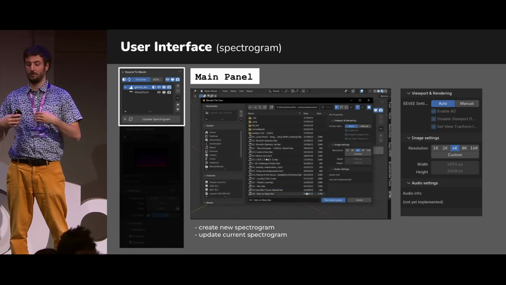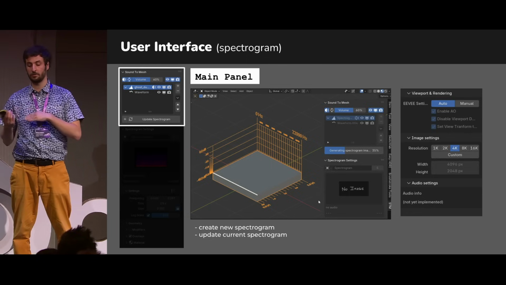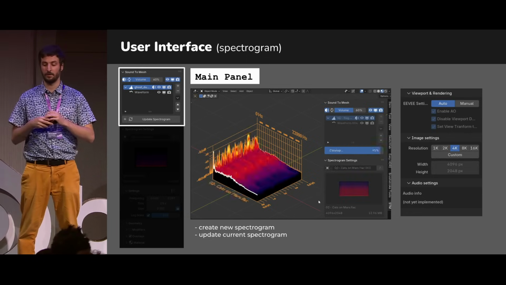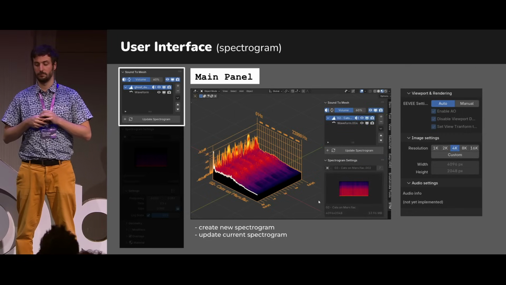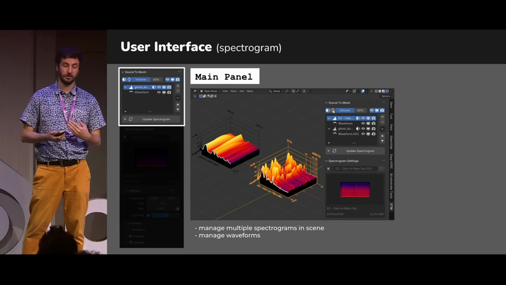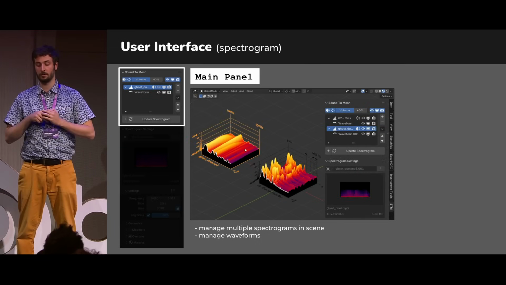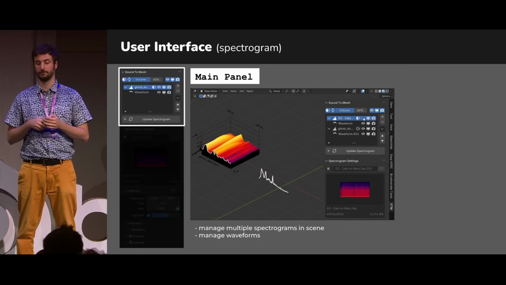On the main panel, the creation of the spectrogram is automatic, so you just choose a song, and it generates the spectrogram automatically. You can manage multiple spectrograms, the volume of the spectrograms, and create waveforms at will.